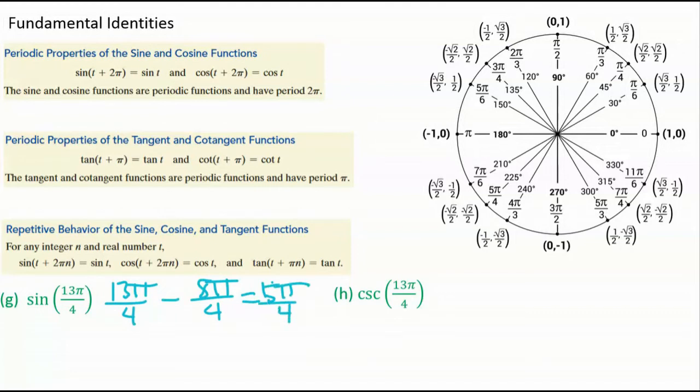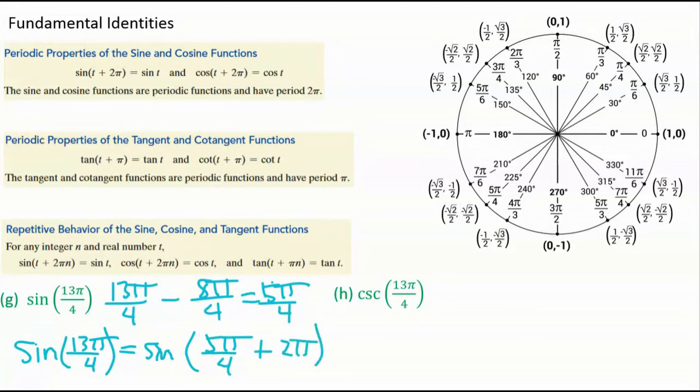So, what can I do? Well, instead of evaluating sine of 13 pi over 4, I could rewrite that as the sine of, well, hold on a second. I want to write the 5 pi over 4 first, and I'll make it more clear. The sine of 5 pi over 4 plus 8 pi over 4, which is 2 pi, right?